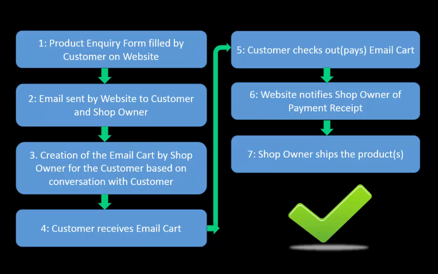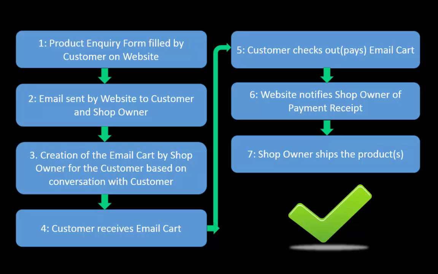In step 4, the customer then receives the email cart, and then the customer checks out or pays for the products on it, and the website then notifies the shop owner of the payment receipt.